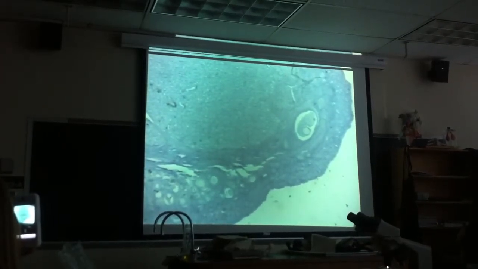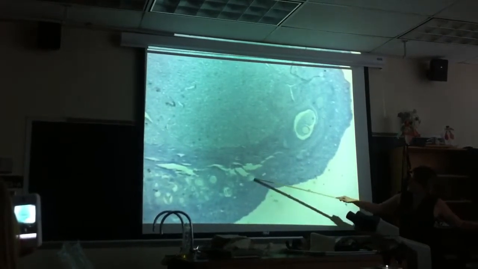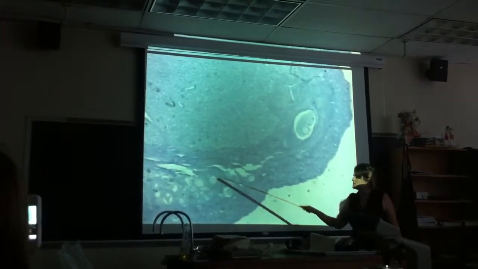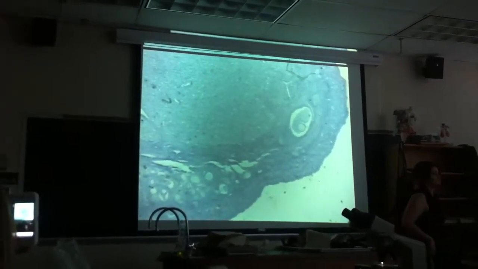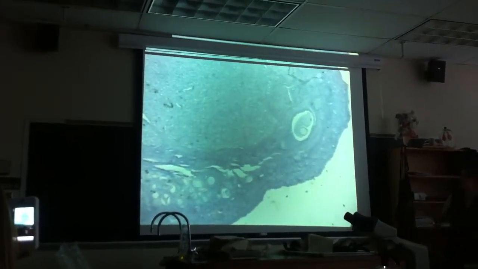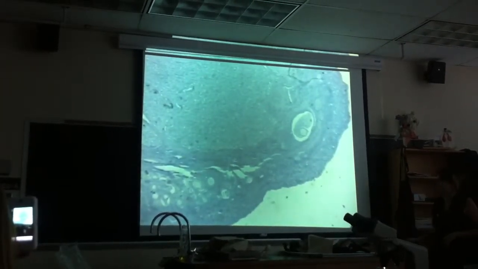Now as they grow and mature, they become secondary follicles, which you can see around here. They're smaller than the Graafian, but larger than those tiny little primaries.